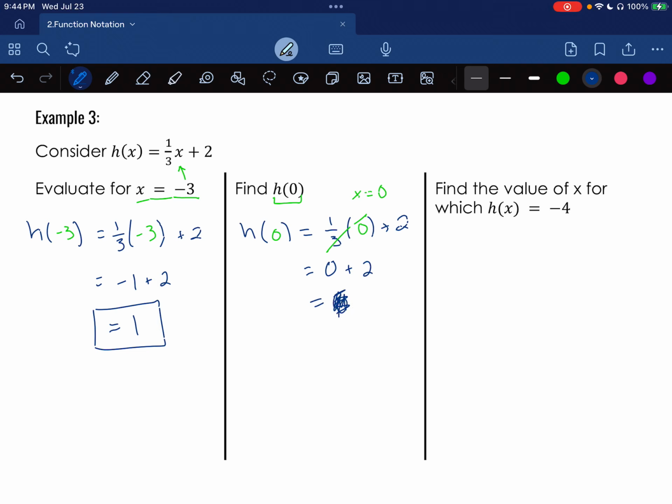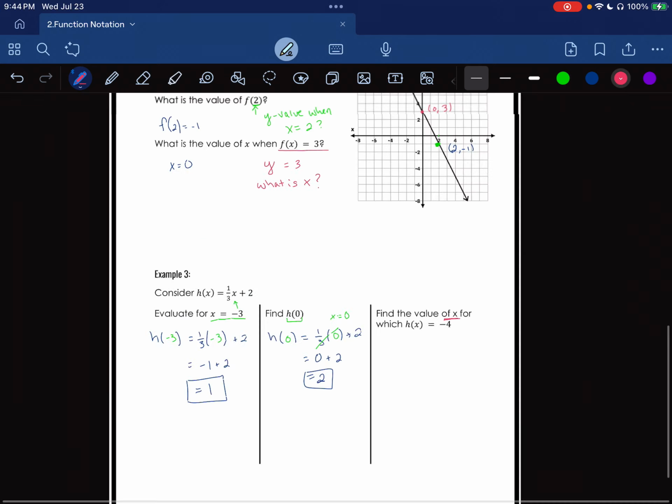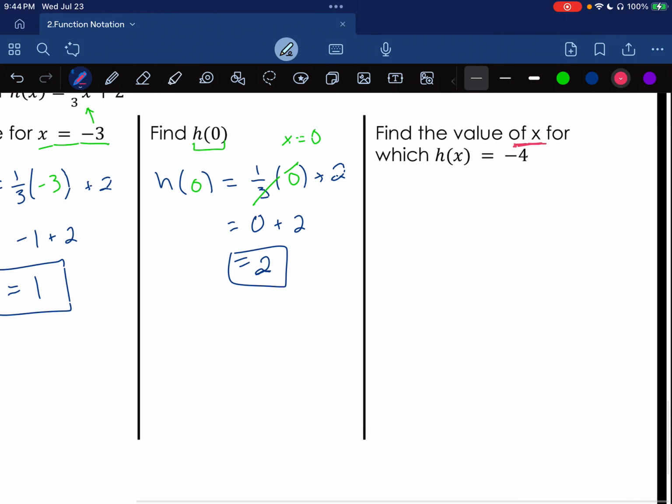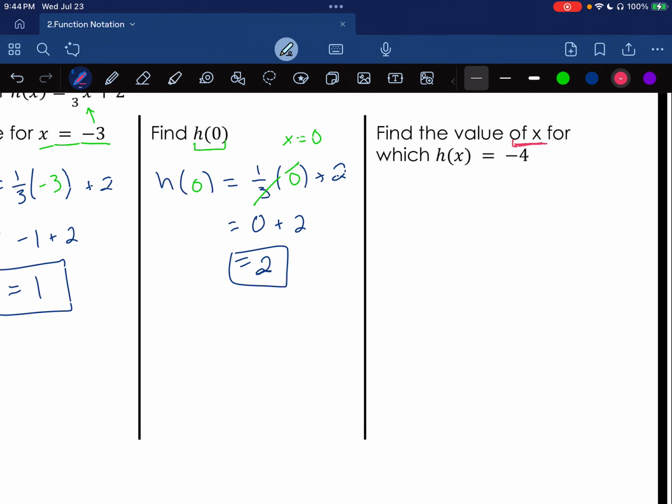And last but not least, find the value of x. Here I'm looking for the input for which h of x is -4. Man, scribbleries and I are just really having a hard time today. I'm looking for x, and I've given you this y value.